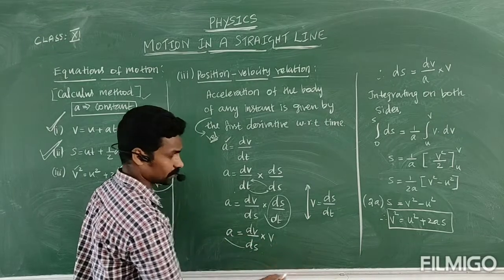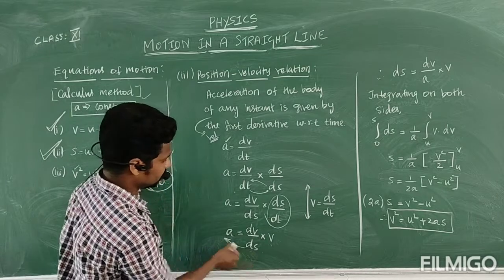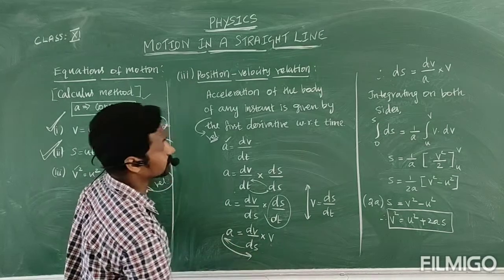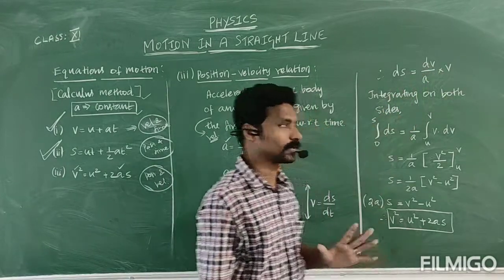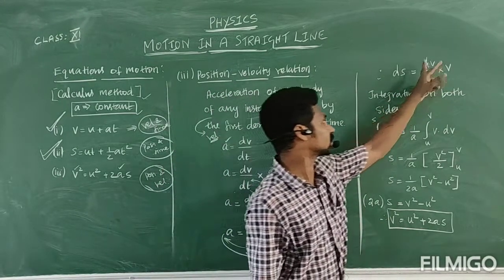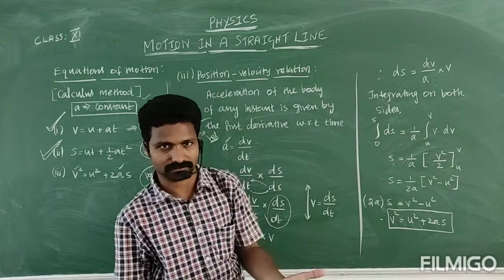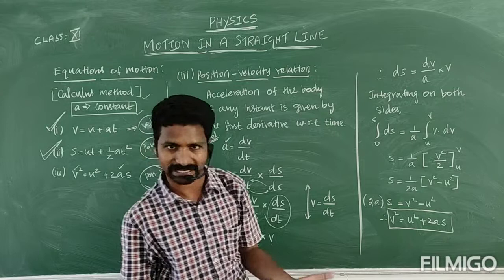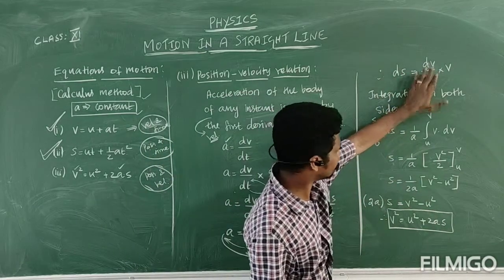Now I can write, so dv is moving here, then acceleration is coming here, therefore ds is equal to v dv divided by a. But anyhow, there is a 1 by a, that means the acceleration is constant, so we have no need to integrate it.